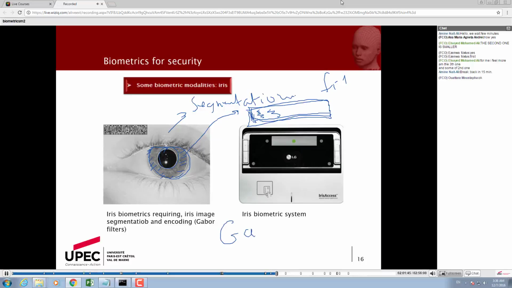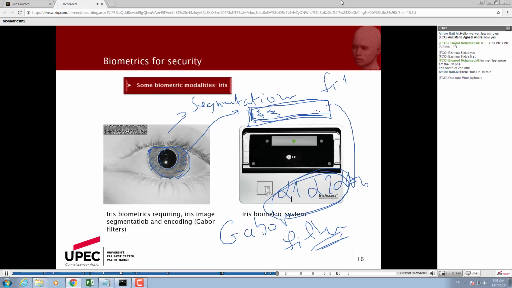Once you extract it, you will unwrap it to transform it into a simple image. After this, you have to use some specific filters, and one of the filters that are used is called Gabor filters. The idea is to extract some parameters, alpha 1, alpha 2, alpha 3, from this image. So these parameters will be signatures.